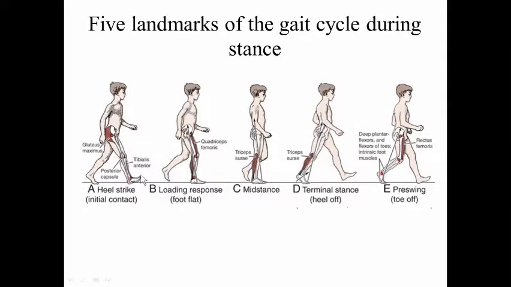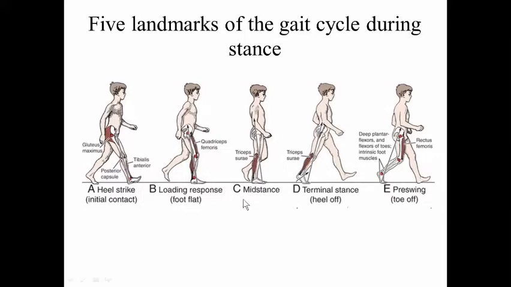As shown in this figure, there are 5 landmarks of the gait cycle during stance. First is heel strike, when the heel is in contact with the floor, just the heel. Another is loading response or foot flat, when the whole sole of the foot is in contact with the floor.